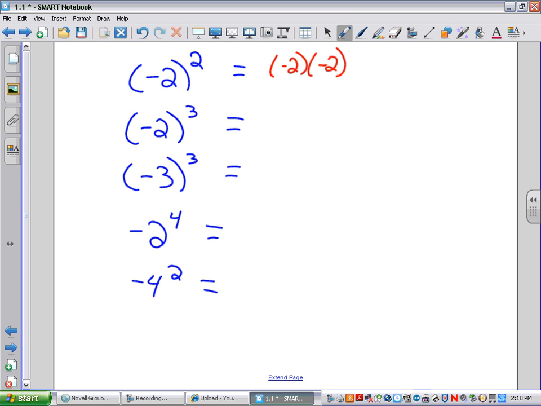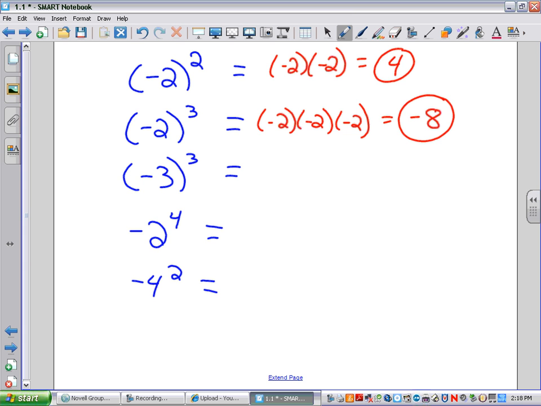And you know that 2 negatives make a positive, so that answer is 4. The next one is -2 times -2 times -2 a third time. Well, here we have 3 negatives, which means it's going to be negative, and 2, 2, and 2 make the 8. So -8.